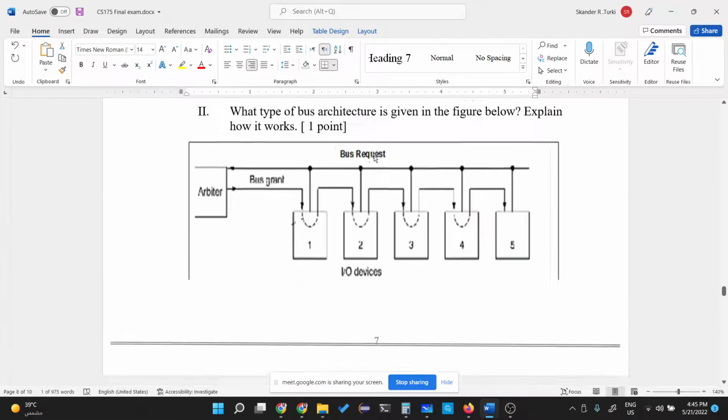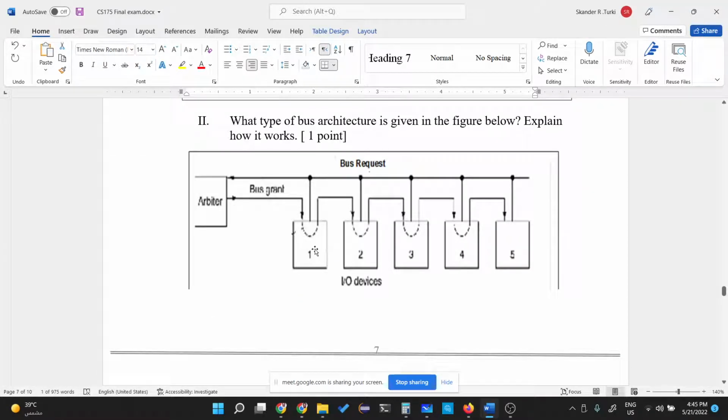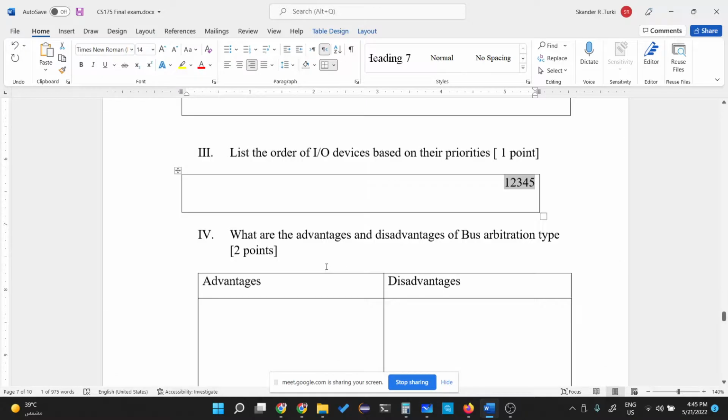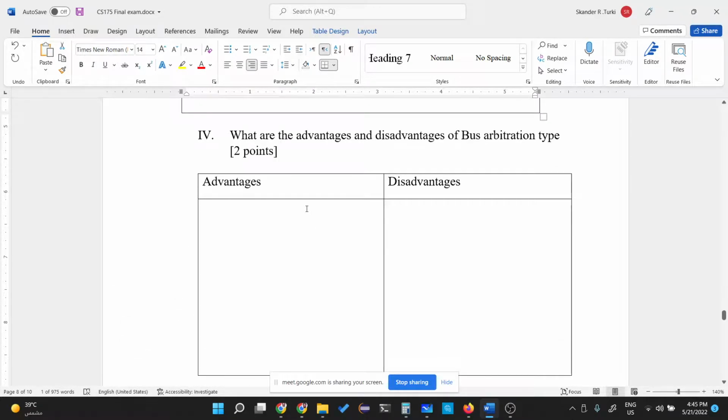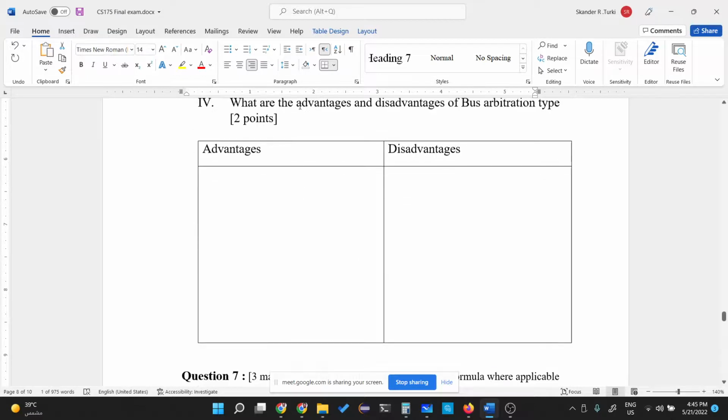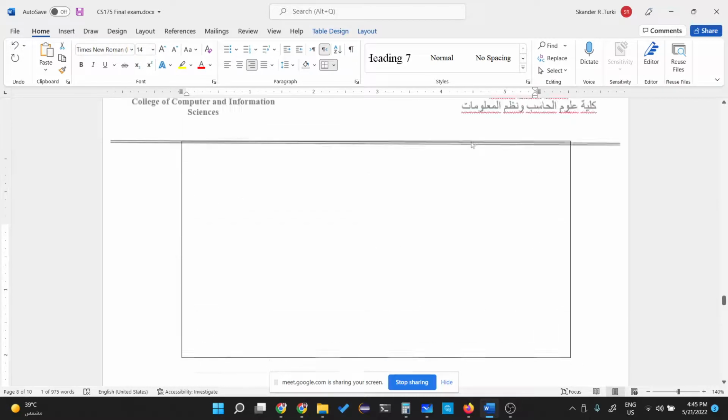The first one has the highest priority. If it requests the bus, it will take it right away, when it's free. So that's the answer.